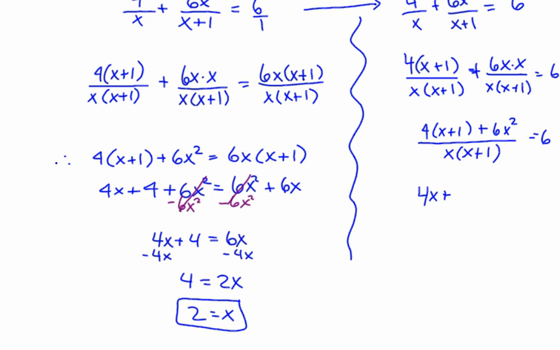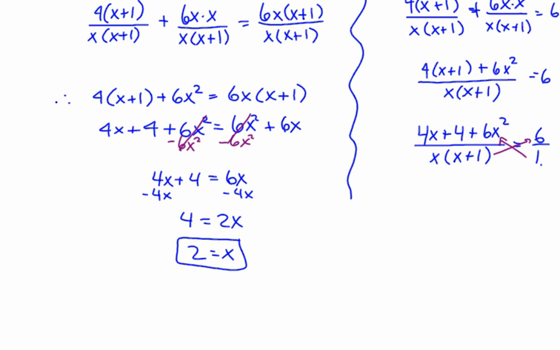4x plus 4 plus 6x squared. We expand it, where x times x plus 1 equals 6 over 1. Whenever we have a fraction equals a fraction, we can cross multiply. We did cover that. So then 1 times this equals 6 times x plus 1.